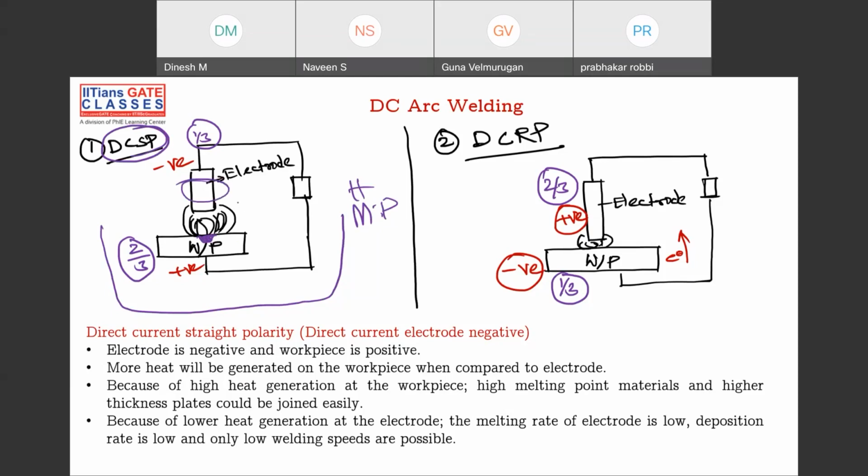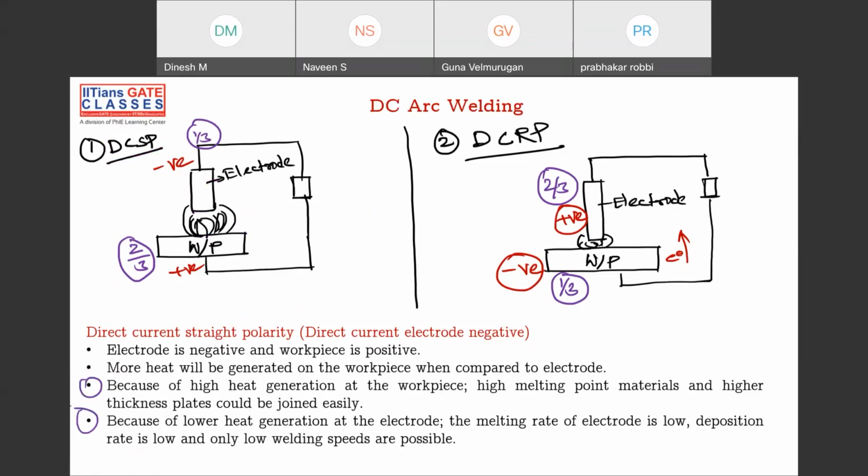I don't want that. I want more heat to be generated at workpiece. If I want more heat at workpiece, I have to use this straight polarity, right? And as a lesser amount of heat is generated at the electrode, the deposition of electrode is very less. The weld deposition rate will be very slow. Okay, so those are the important points you have to take.